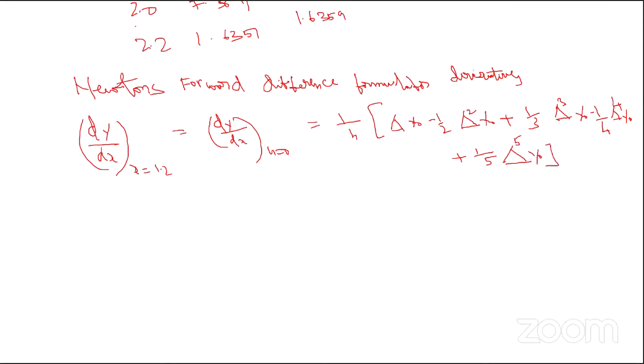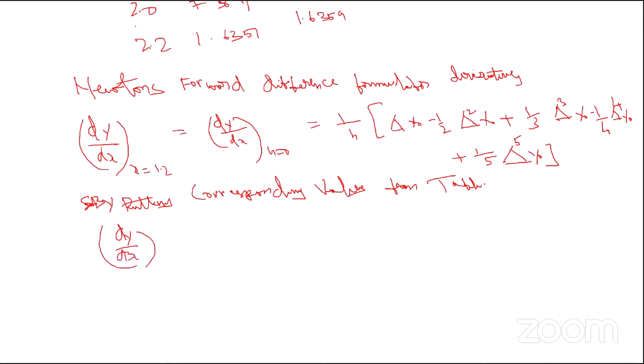Substituting the corresponding values from the table, dy by dx at x equal to 1.2 is equal to 1 by h.